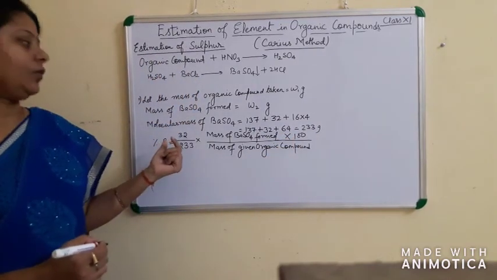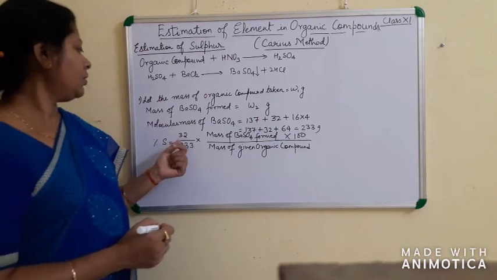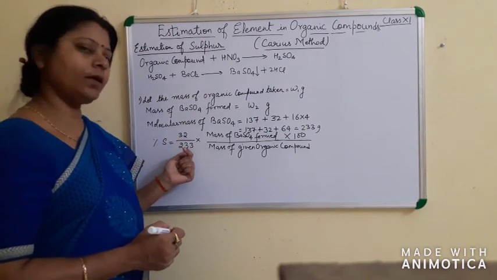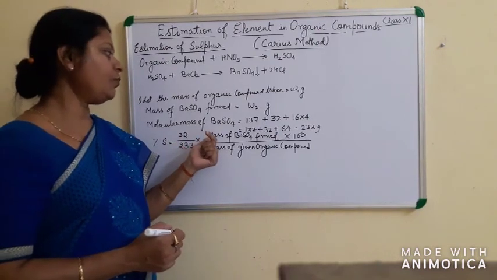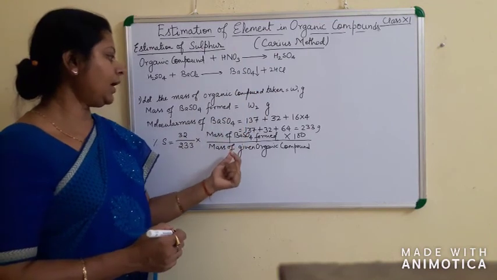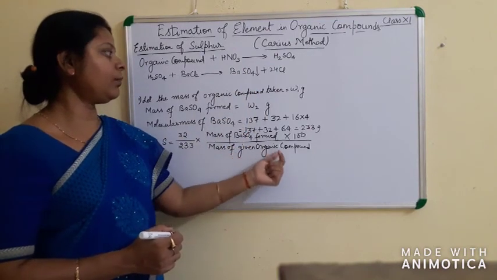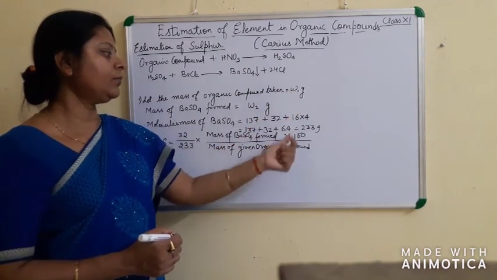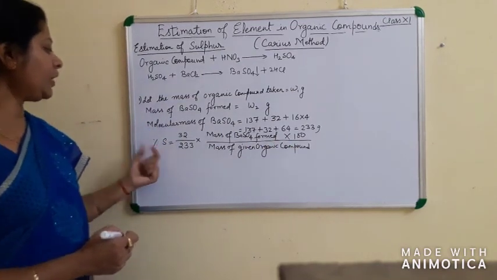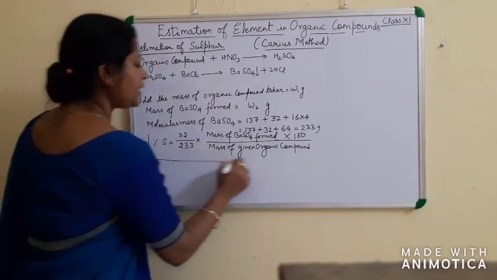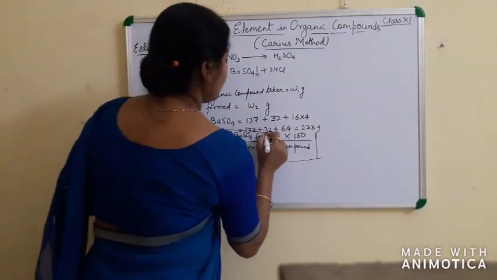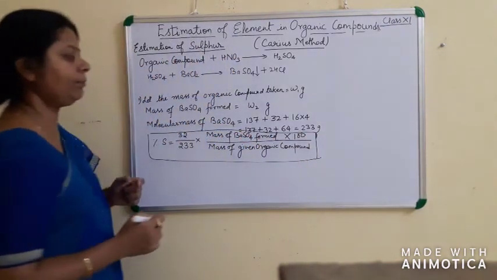So, if you know the mass of one atom of sulfur, the molecular mass of barium sulfate, the mass of barium sulfate formed during the reaction W2 gram, and the mass of given organic compound W1 gram, you can find out the percentage composition of sulfur in the given organic compound by multiplying by 100.